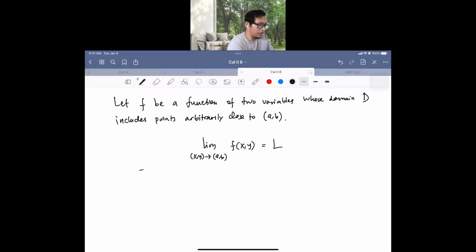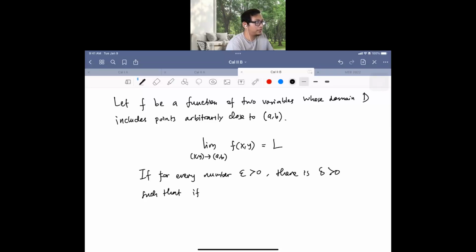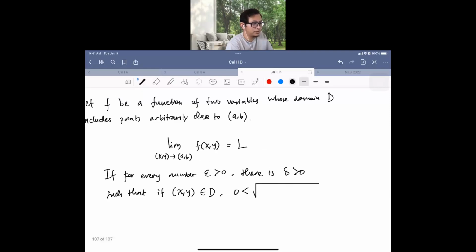Okay. And we can add: if for every number epsilon that is positive, there is a delta that is also positive, such that if (x, y) is in the domain and the distance from (x, y) to (a, b), written in this distance formula, is less than delta, then the distance between f(x, y) and L is less than epsilon.